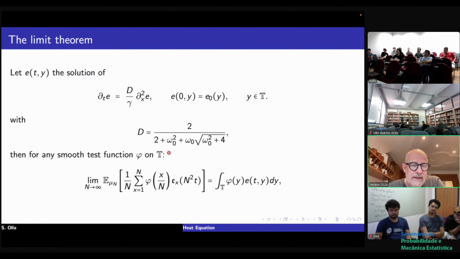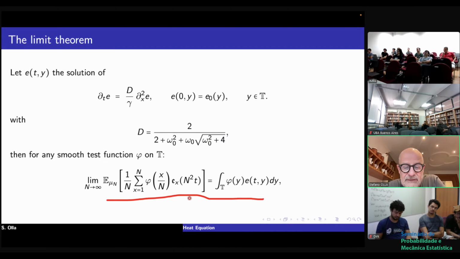So now you consider the solution E of this diffusive equation with this initial profile. And we want to prove, and that's what we prove, that in the expectation sense, if we speed up, if we look at the diffusive time scale, we converge to the solution of this diffusive equation.